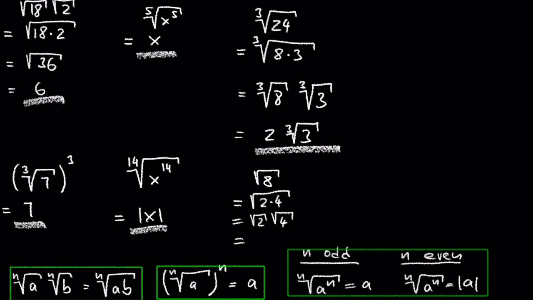Two is not a perfect square, so we leave the square root of 2 and the square root of 4 is 2. So we get 2 times the square root of 2 and we are done with this problem.